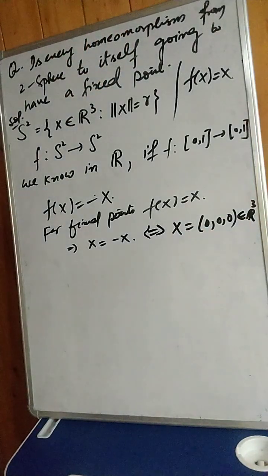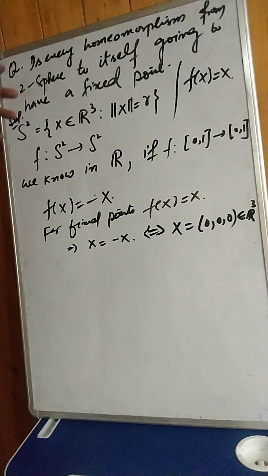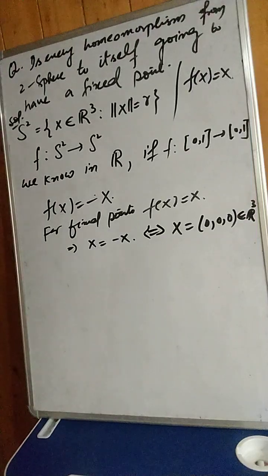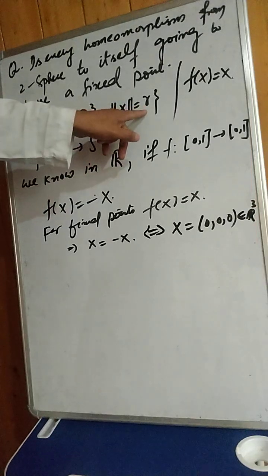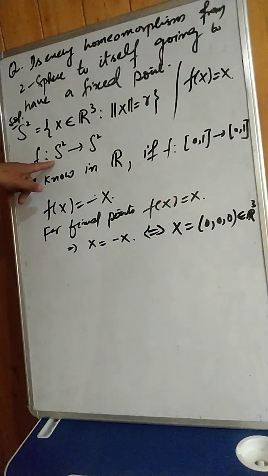But is this contained in S2? No, because S2 contains all the points whose norm is R, that means the set of all points whose distance from the origin must be R. R is definitely some non-zero real number, so this does not satisfy it. If the radius is non-zero, then this point does not lie on S2. So there exists a homeomorphism from a sphere to itself which does not contain any fixed point.